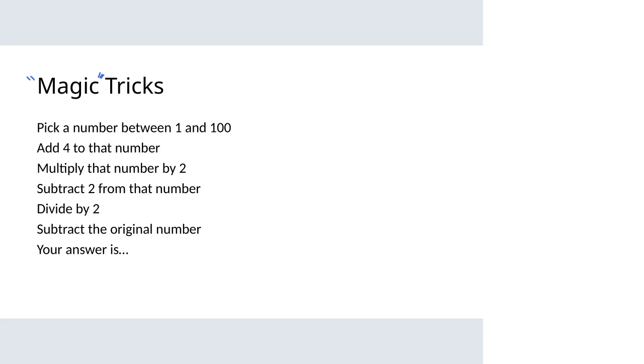If I'm going too fast, y'all can just tell me. And then what you have next, I want you to divide by 2. And then once you have that number, subtract your original number. Whatever it is you started with, subtract that.